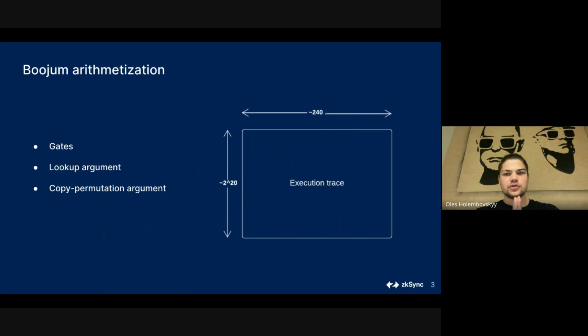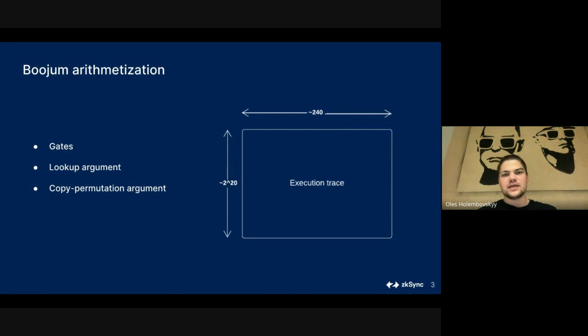So what is Boojum arithmetization? It's Plonkish arithmetization. How does it work? First of all, we need an execution trace, or just a table, shown on the right. It's something like an Excel table, which has its height and width.